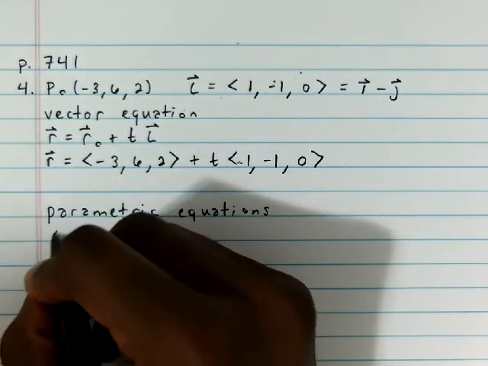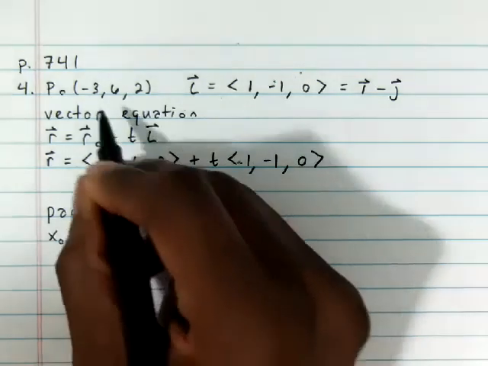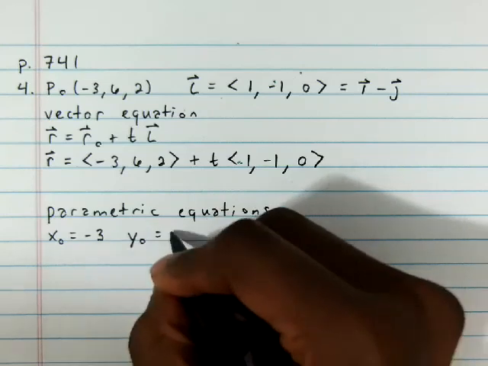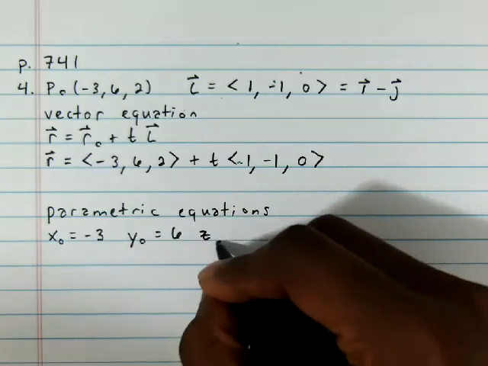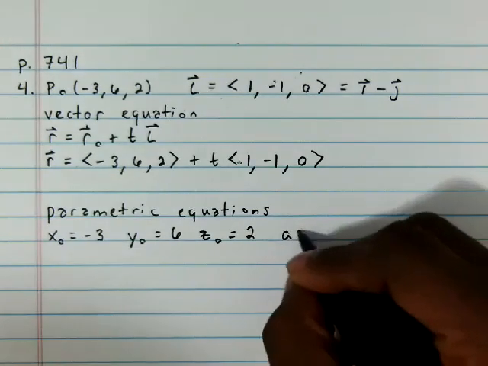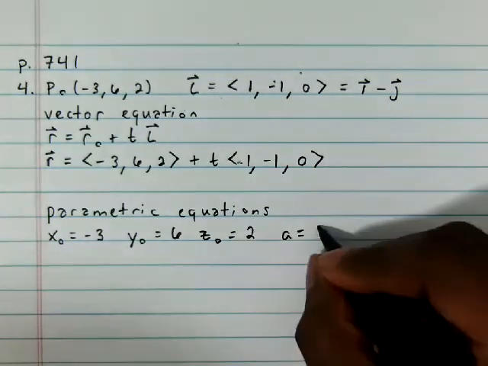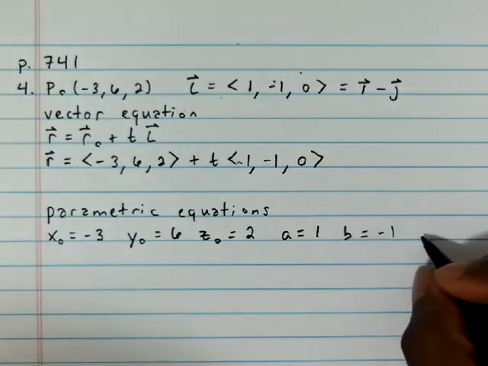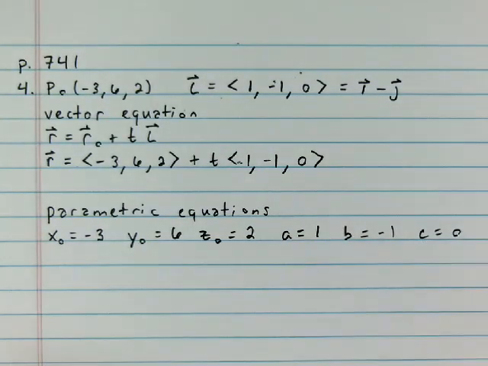So our X naught is negative 3. Our Y naught is 6. Our Z naught is 2. Our A is 1. Our B is negative 1. And our C is 0.